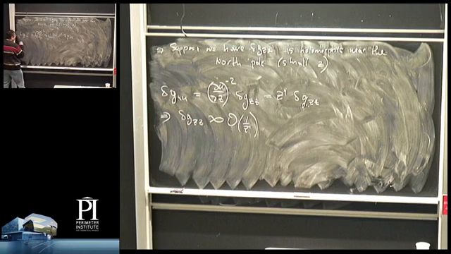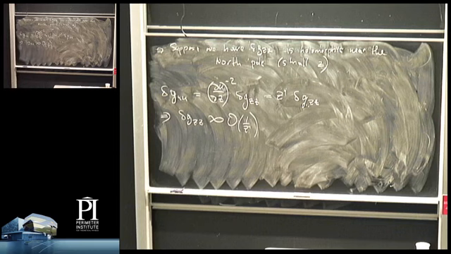So in particular, this delta G UU being holomorphic near U equals 0 implies that delta G ZZ is at least 1 over Z to the 4th.